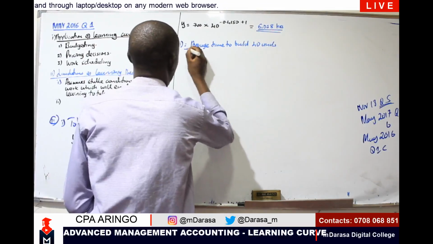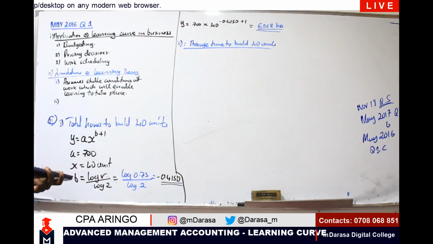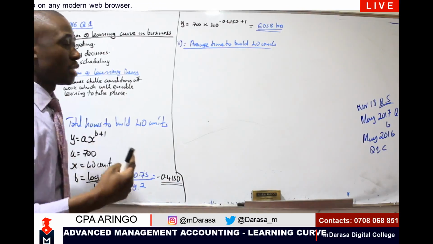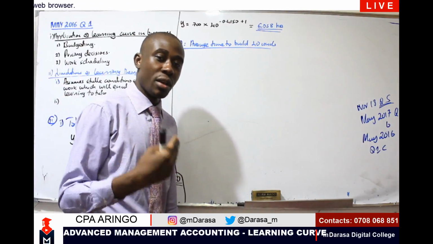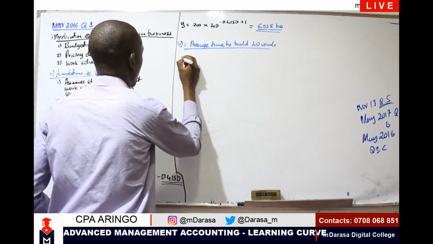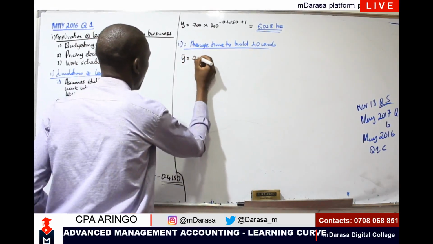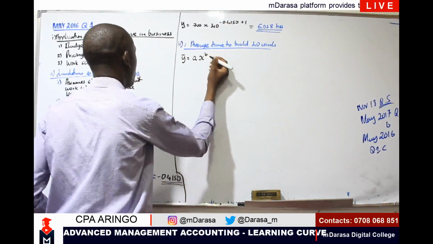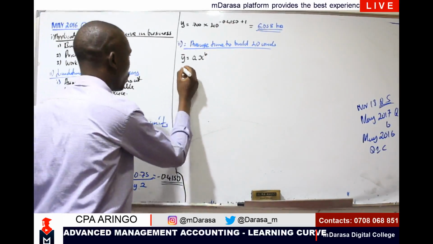You know very well that whenever I'm dealing with the concept of learning curve, we could have worked it out in 2 ways. To determine our average time, we'll be talking of Y = aX^b, where Y is our average time.